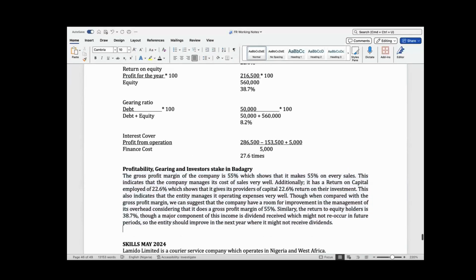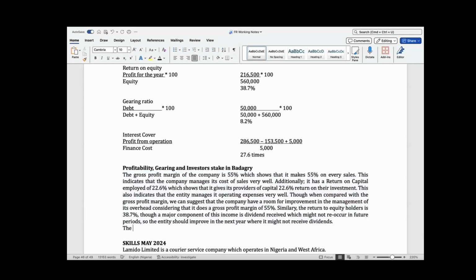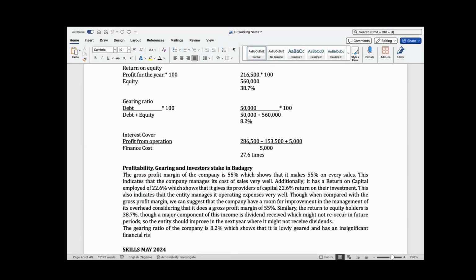Then we have to talk about gearing. The gearing ratio of the company is 8.2%, which shows that it is lowly geared and has an insignificant financial risk.